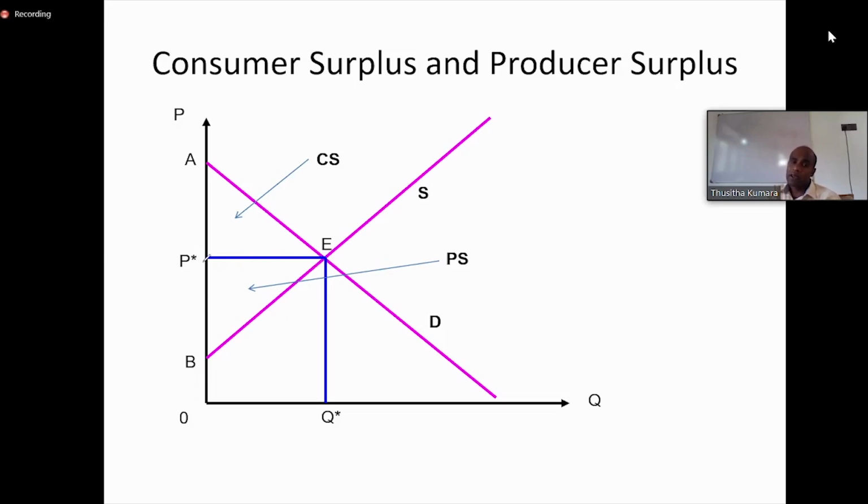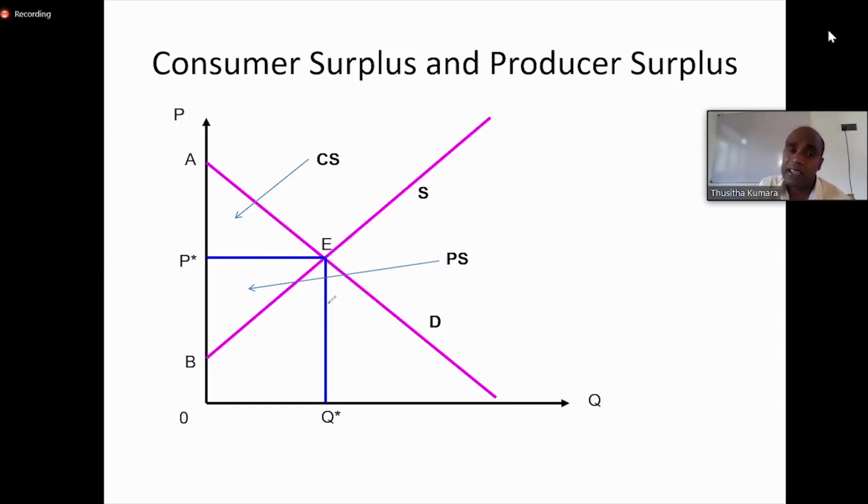Therefore, producers are getting P star, Q star as their revenue, but their cost will be B, E, Q star, 0, this area. Therefore, the difference is the P star E B area. This difference is known as the producer surplus.